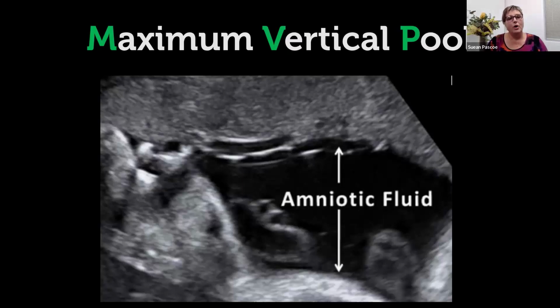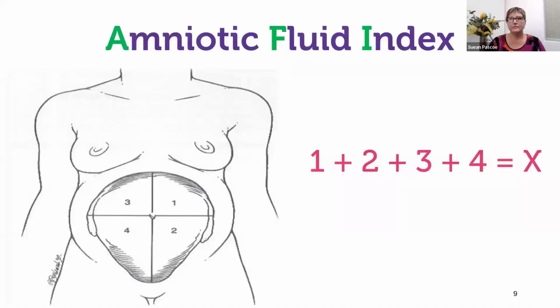So you put your probe on the abdomen and you need to scan around the whole belly, looking at all the different quadrants, and you're just looking for the biggest pocket of fluid. Wherever you can see that deepest pocket of fluid that has no limbs in it and no cord in it, that's where you take a vertical measurement.